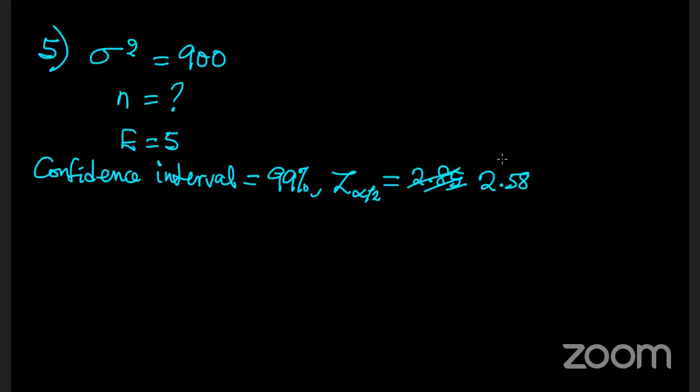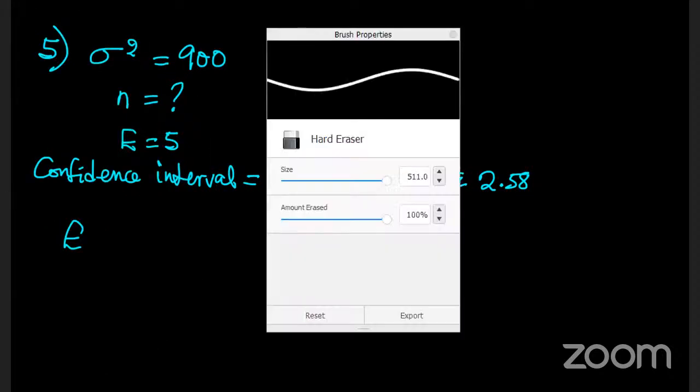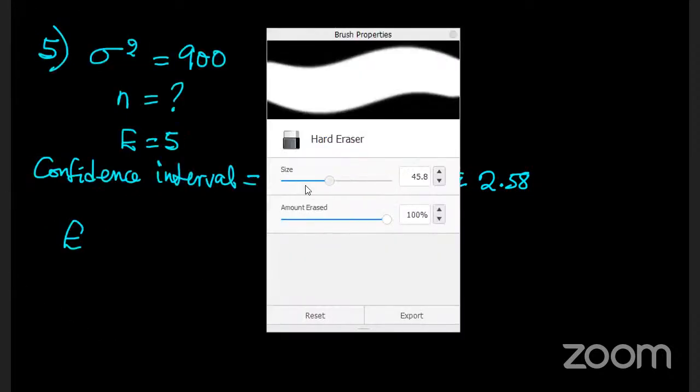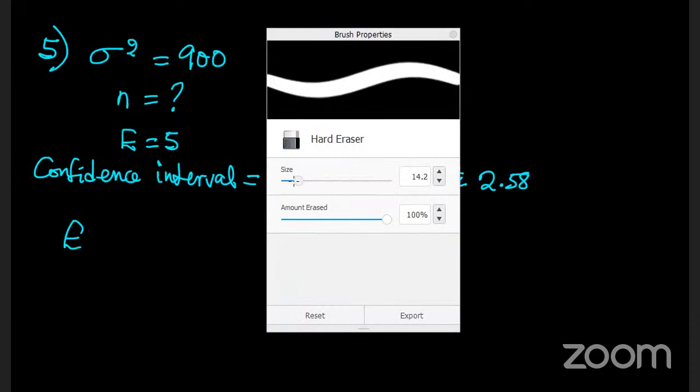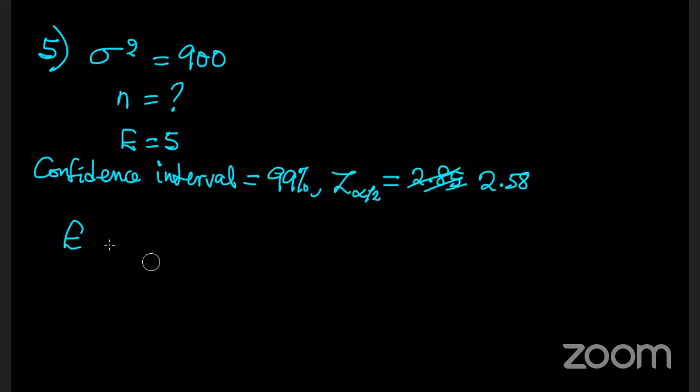So let's substitute. Remember the formula, it's the estimate, which is the same as the mean. This eraser is too large, we'll reduce it. Better. So this estimate is the same as our mean.